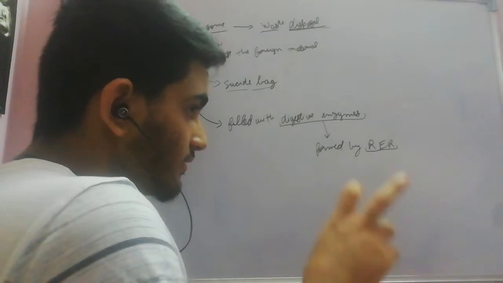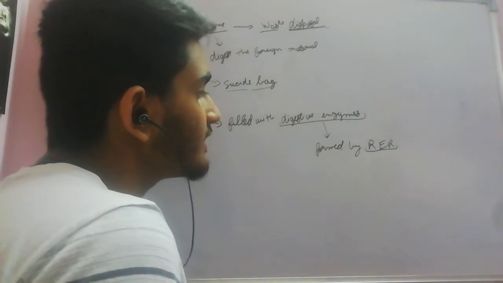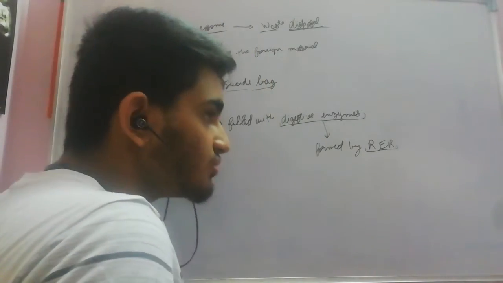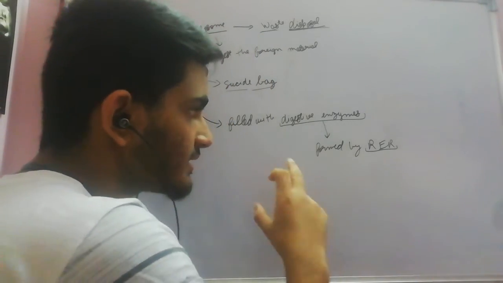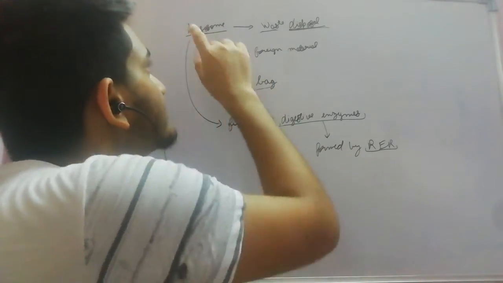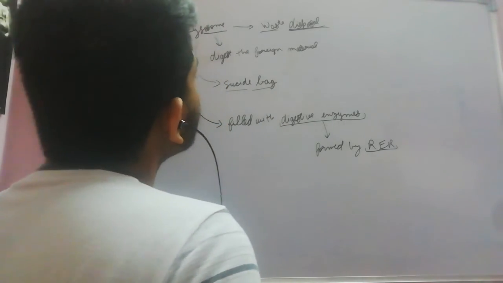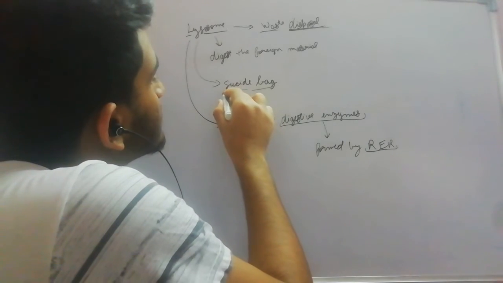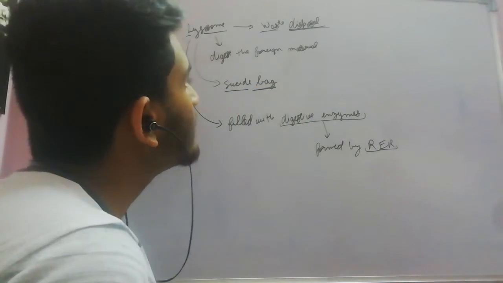And the new virus, the coronavirus or COVID-19, also attacks the lysosome of the cell. When coronavirus attacks our cell, it first attacks the lysosome of the cell. Lysosome is also called the suicide bag of the cell.